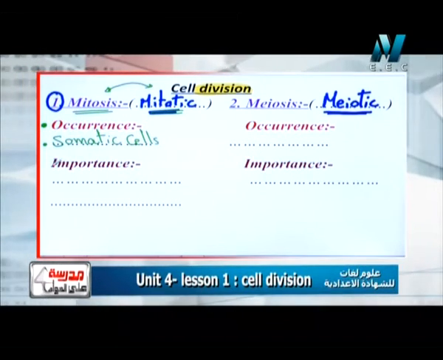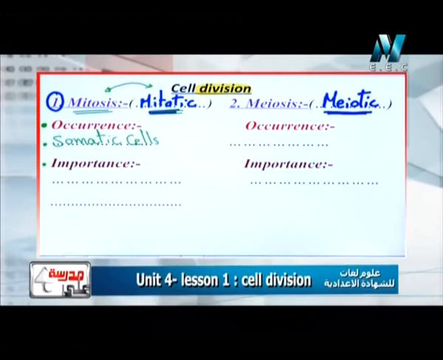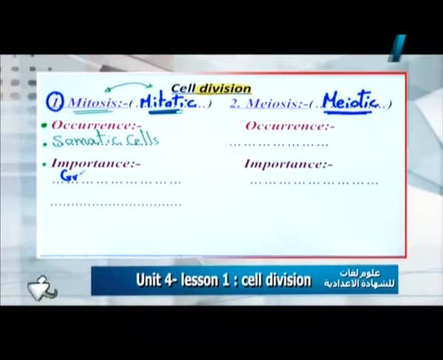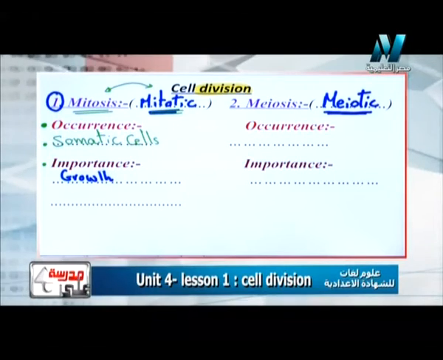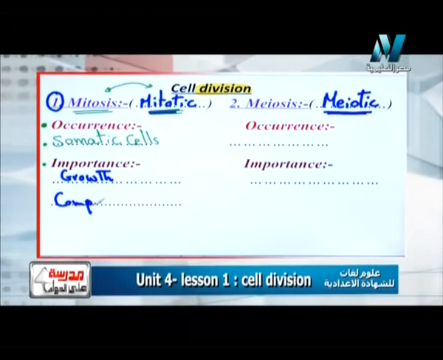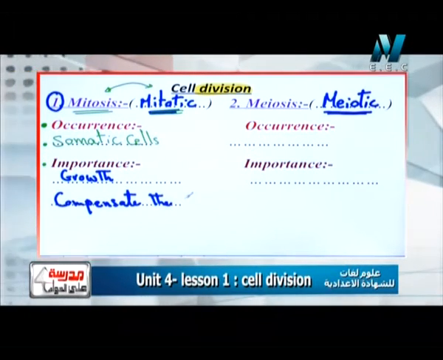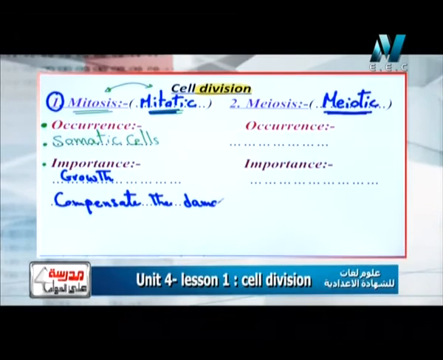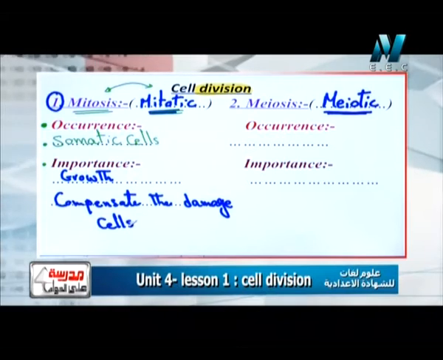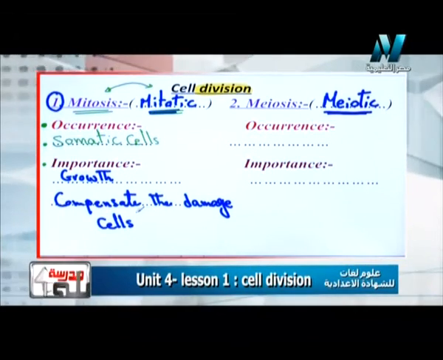So here, the importance of mitosis or mitotic is what? Number one, helps in growth, and number two, compensate or repair the damaged cells. If we have any fracture in a bone, this fracture will compensate.